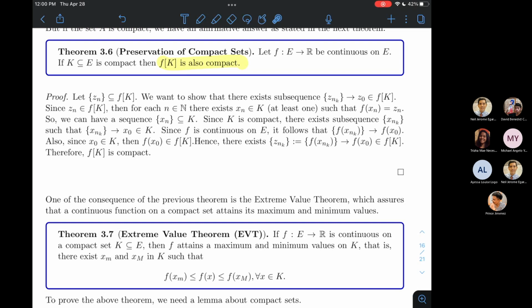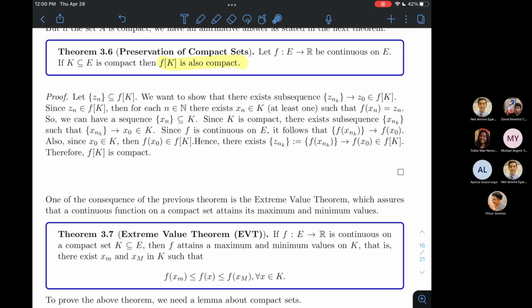So kaya hindi ko nakalimutan kong i-edit in the next iteration ng lecture notes na nasa inyo. But let us go through the proofs and insert some corrections if necessary. Tapos before you go to the problem set, probably over the weekend, I'll upload a new version of the lecture notes for Unit 3, reflecting the corrections na mapapansin natin today.